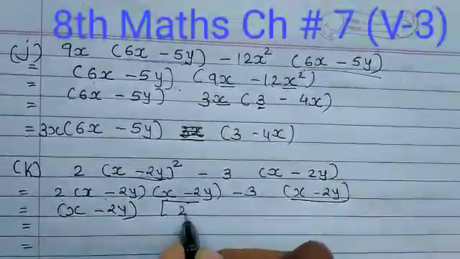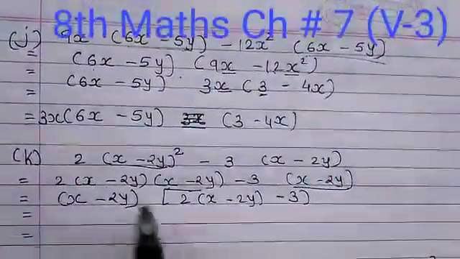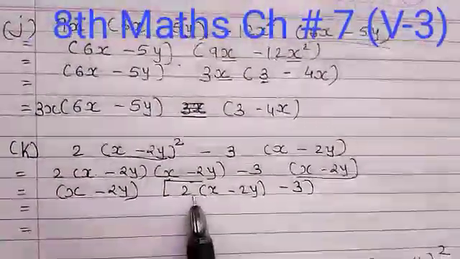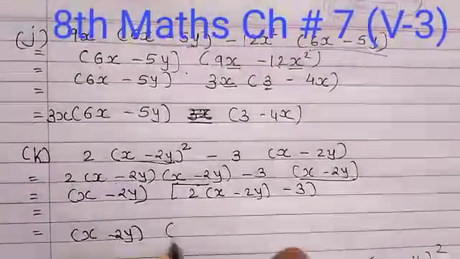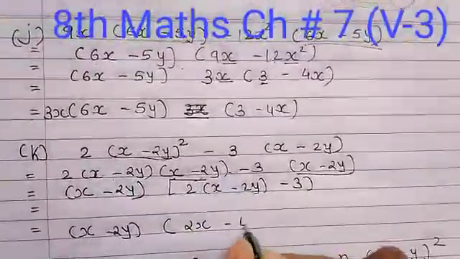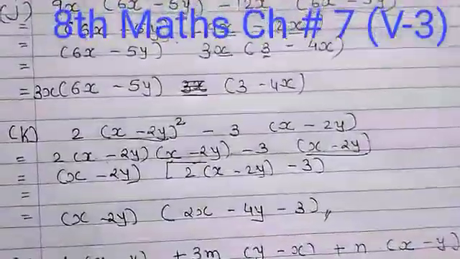So remaining is 2 into x minus 2y and minus 3, right? Why? Because 2 is also common and this sum is remaining, so we have taken it as a multiplication. So we can write x minus 2y into 2 into x means 2x, 2 into 2y is equal to minus 4y, and minus 3. That is our final answer.